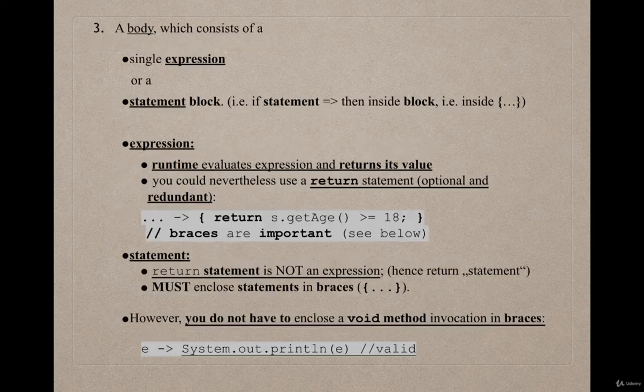Now let's look at the body. The body of the anonymous method can consist of two things: A, a single expression, or B, a statement block. If it is a statement, then it must be inside a block, that means inside braces. If it is an expression, then the Java runtime evaluates the expression and returns its value. That's why we don't have to explicitly write a return statement, but we could write it nevertheless. That would be optional and redundant. So we can just omit the return statement if it is a single expression.